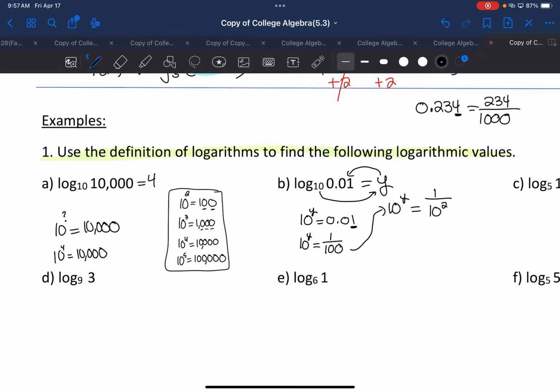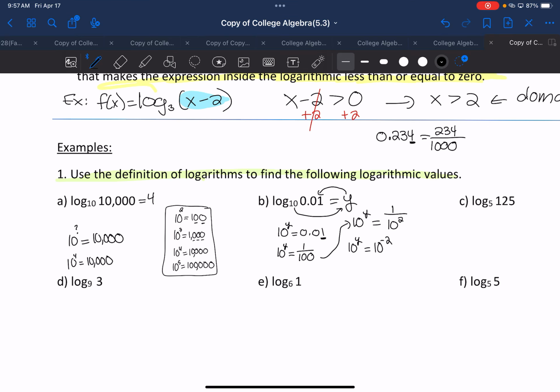And because it's in the bottom of the fraction, how would I rewrite that? Using a negative exponent. Anybody remember? Exactly, 10 to the negative 2 power.